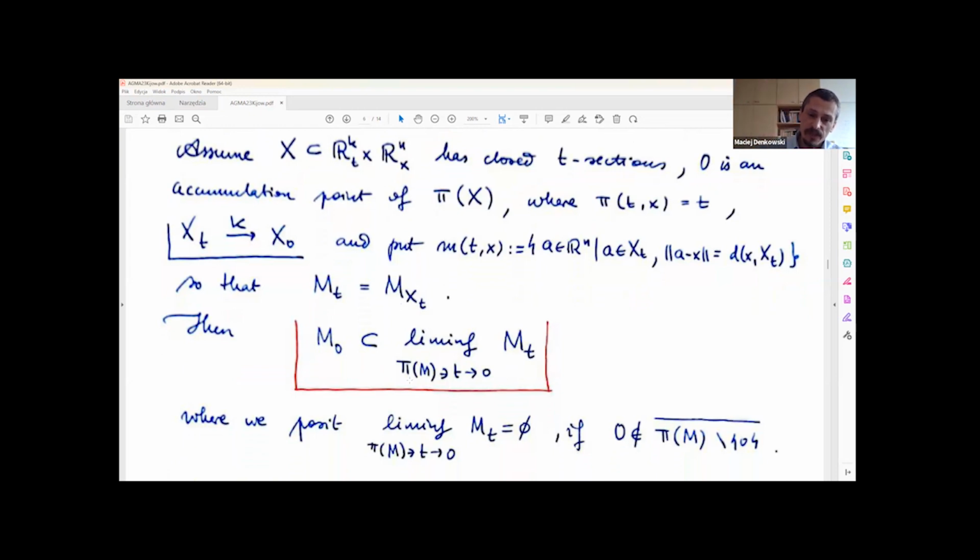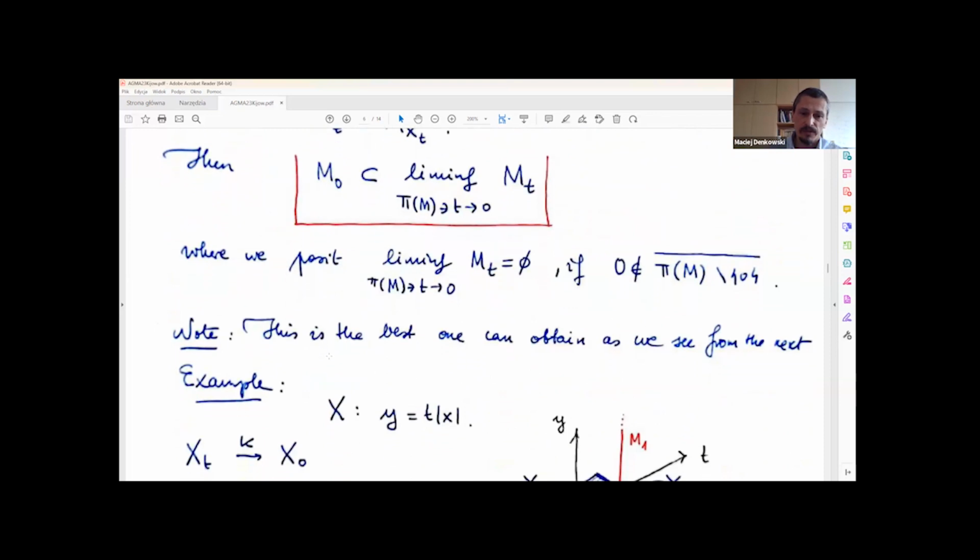So we project this set. What could happen is that 0 could not be an accumulation point. In this case, we posit this lower limit to be the empty set. And if this is the empty set, then of course the theorem also holds, and it means that M_0 has to be the empty set. This also has some additional information.